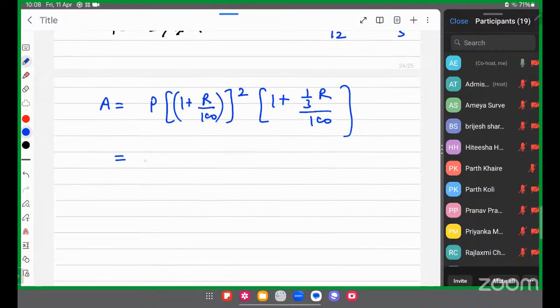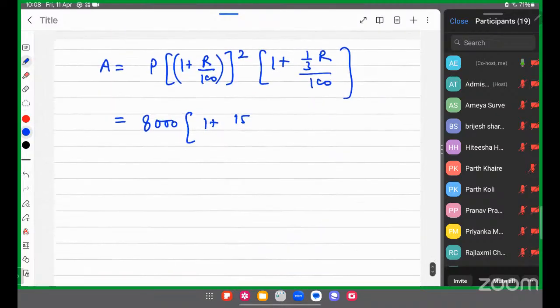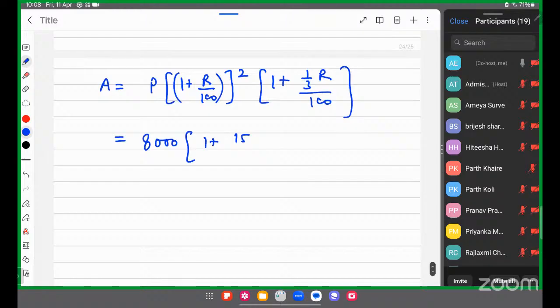So this will be 8,000 into 1 plus 15 divided by 100 raised to power 2, in bracket 1 plus 1 by 3 into 15 divided by 100.